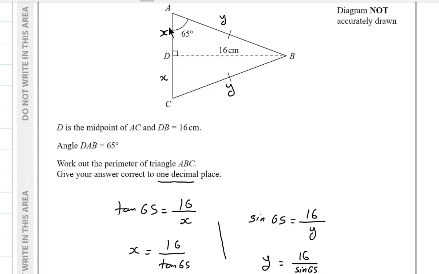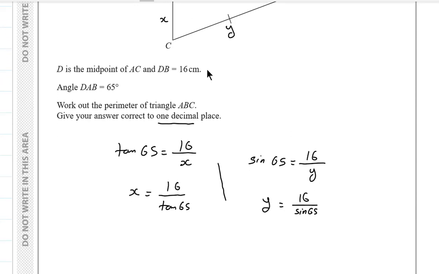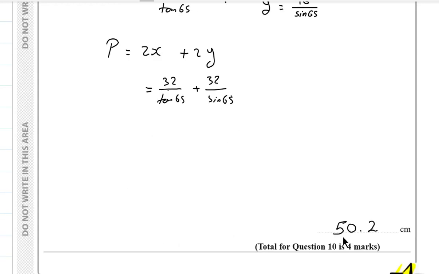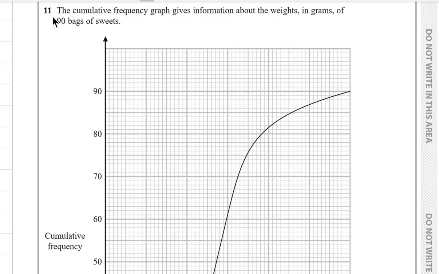Now the perimeter is 2x plus 2y, which means it will be 32 over tan 65 plus 32 divided by sine 65. Don't forget to approximate the answer to one decimal place. The answer will be 50.2.